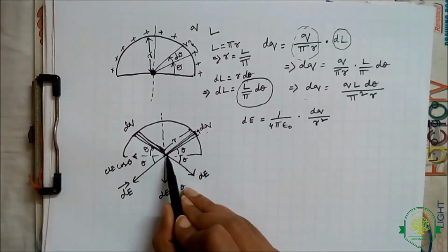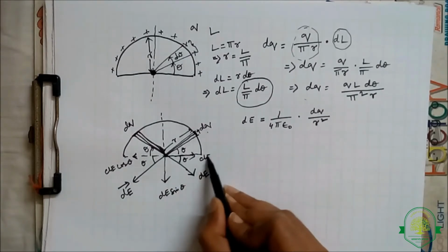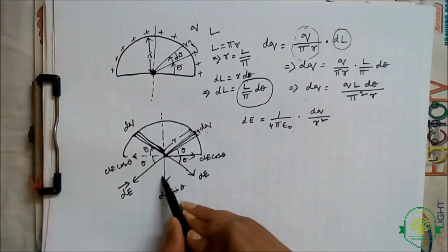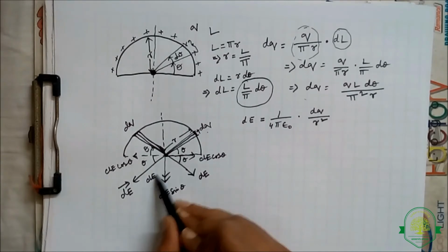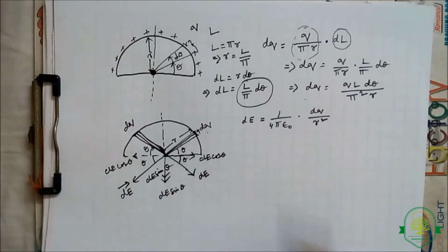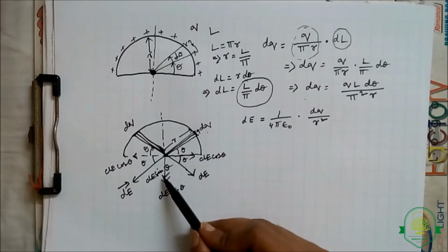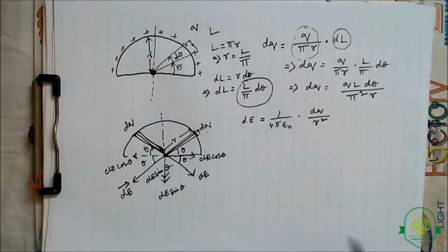And had we resolved this dE into its components, we would have got a dE cos theta on that side and a dE sin theta on this side. So the dE cos thetas would have cancelled each other out and we would have got only the dE sin theta component to be the significant component.